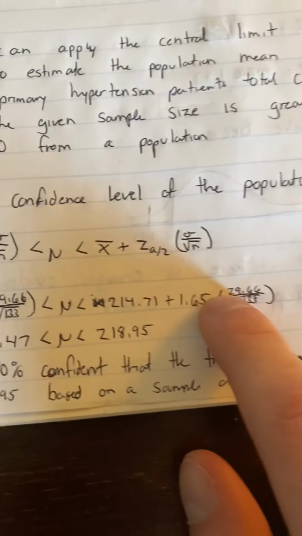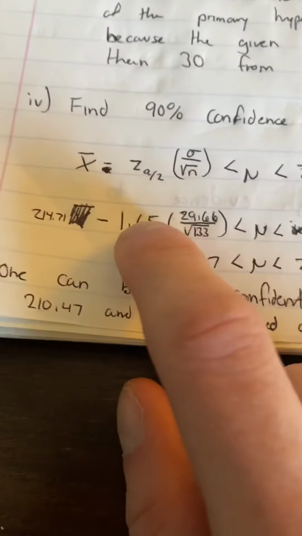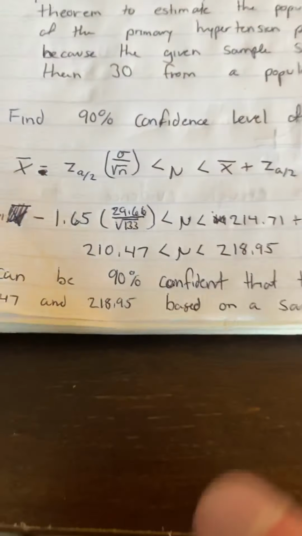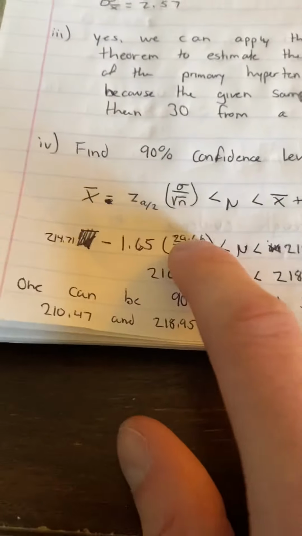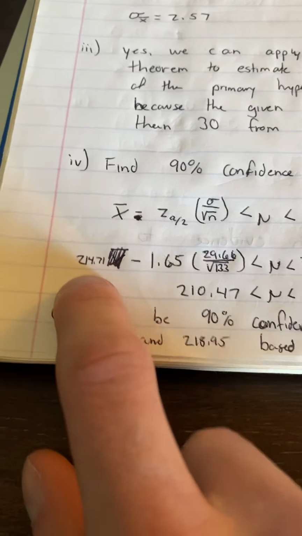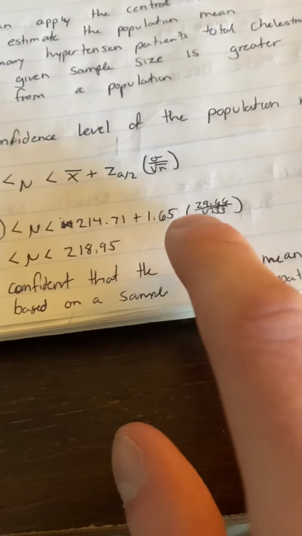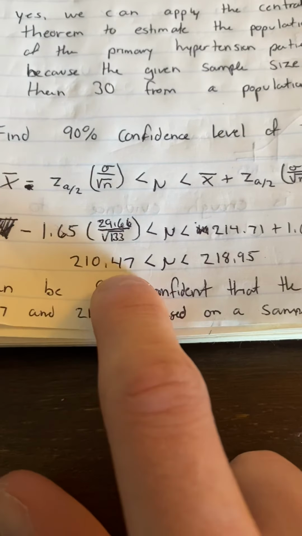And then doing that vice versa on the other side by adding instead of subtracting. So after we do all of the math inside, we do 29.66 divided by the square root of 133, times negative 1.65, and then we add 214.71. On the left side, that will come out to 210.47.